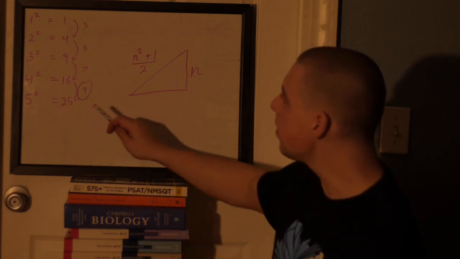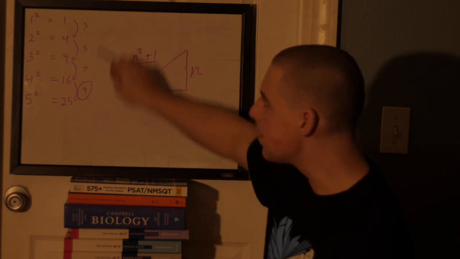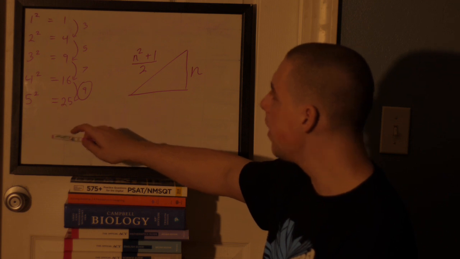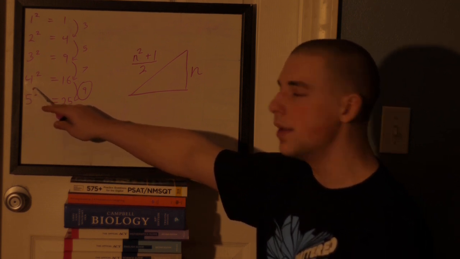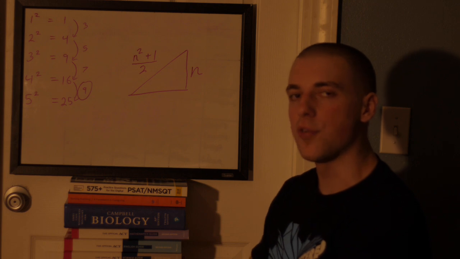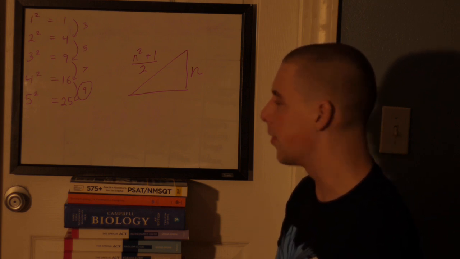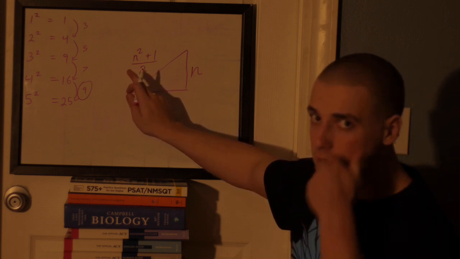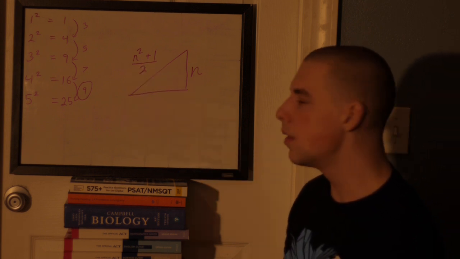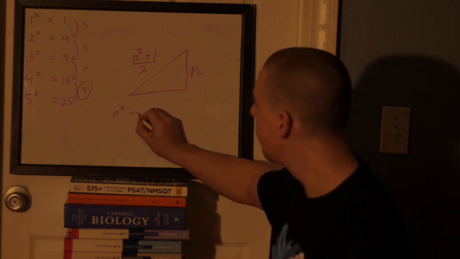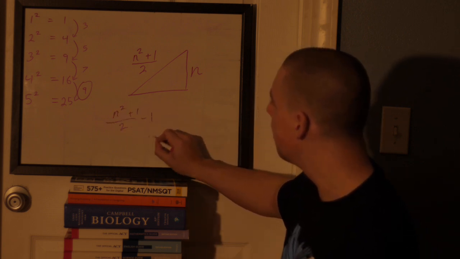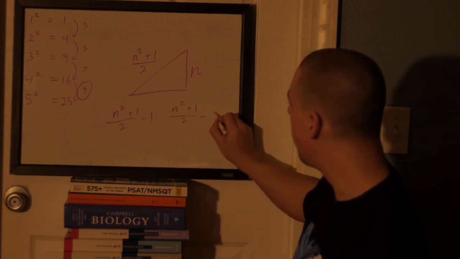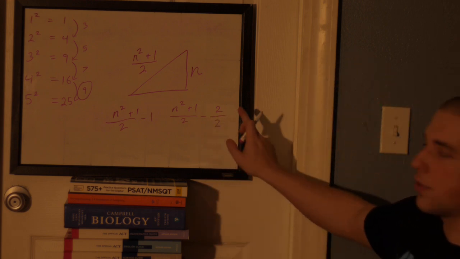But what you'll notice is that the number you're finding on this side is always the difference between consecutive perfect squares, so all you have to do is take this number and subtract 1 to get the number before it. Because the perfect squares are consecutive, that always works. So n squared plus 1 over 2 minus 1. But minus 1 can also be written as minus 2 over 2, because 2 and 2 simplify to 1.